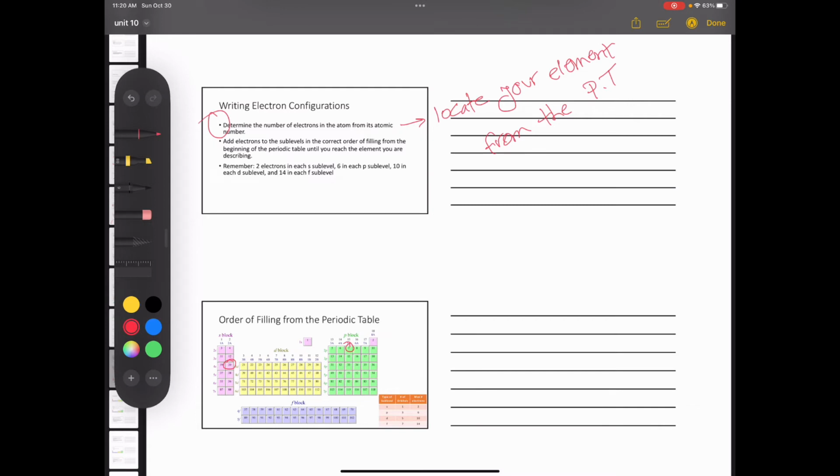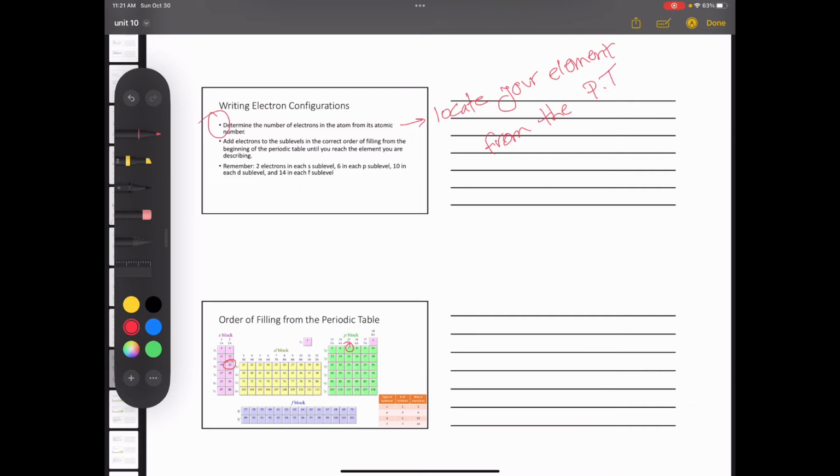Once you do that, then you'll have your number of protons, hence number of electrons, and that's how you can write the electron configuration. Add electrons to the sublevels in the correct order of filling them, from the beginning of the periodic table until you reach the element you are describing.